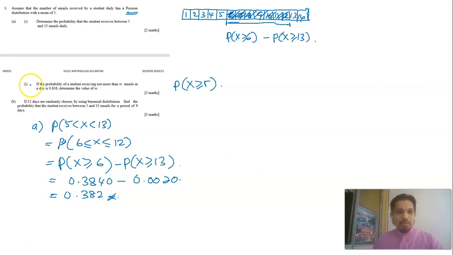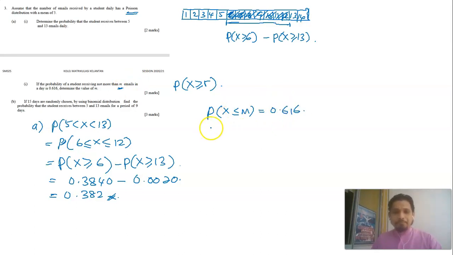And question number 2: if the probability of a student receiving not more than M emails in a day is 0.616, determine the value of M. So probability of X less than or equal to M. Student receives not more than M, meaning the maximum is M here, 0.616.